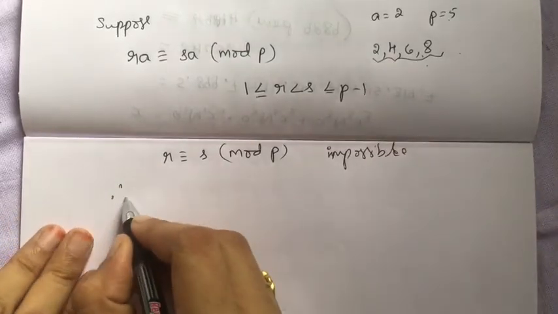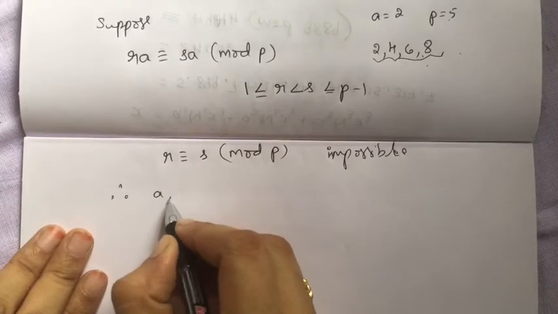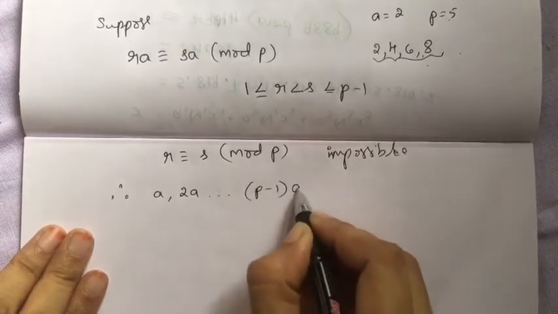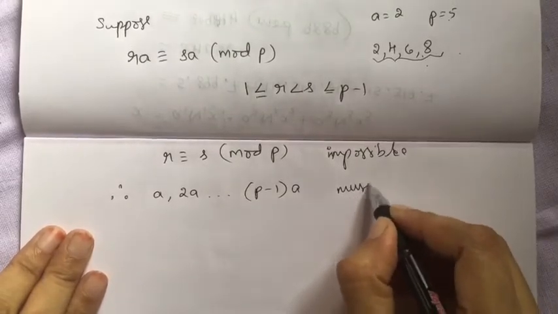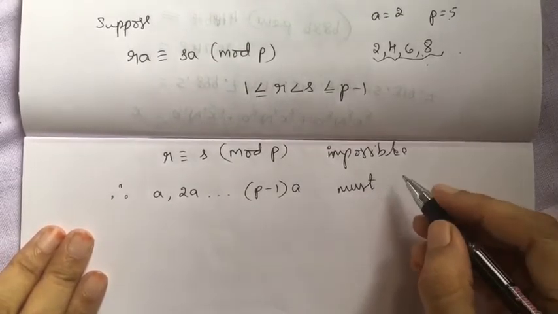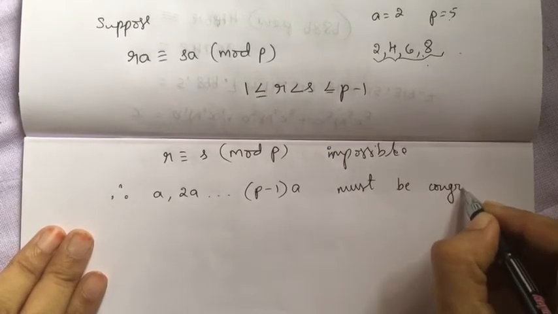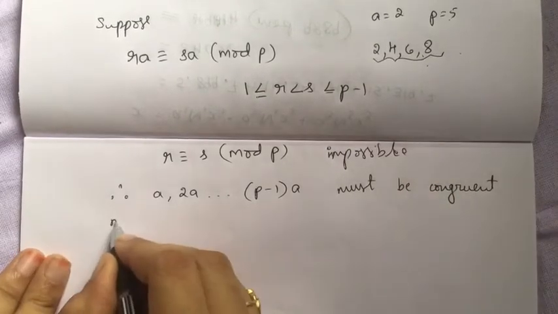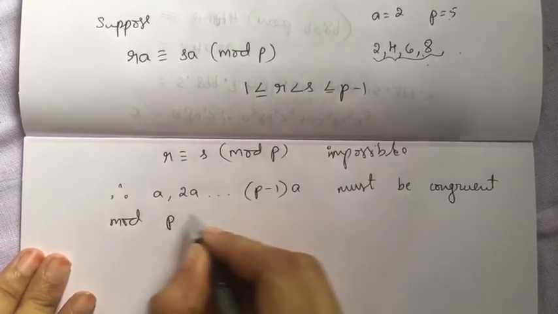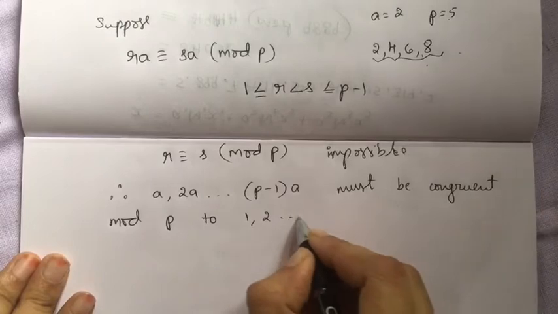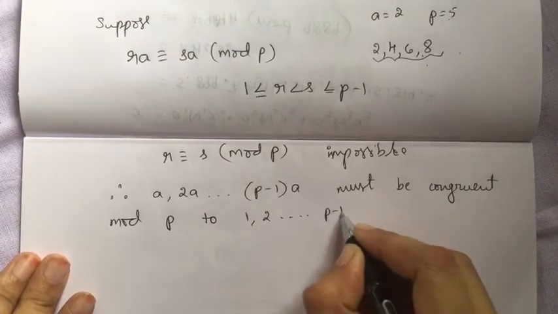Therefore, the set of integers a, 2a, 3a, up to (p minus 1)a must be congruent modulo p to which numbers? 1, 2, up to p minus 1.